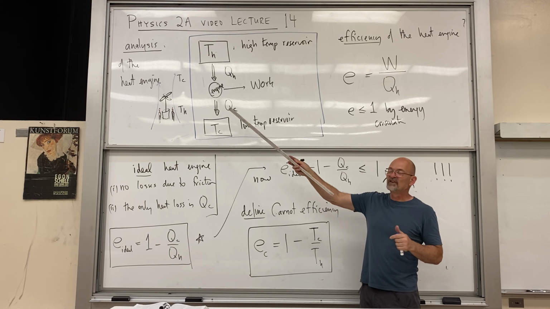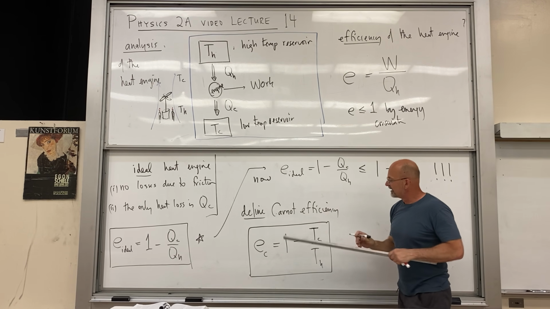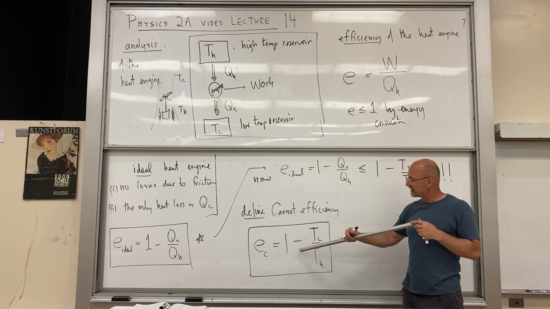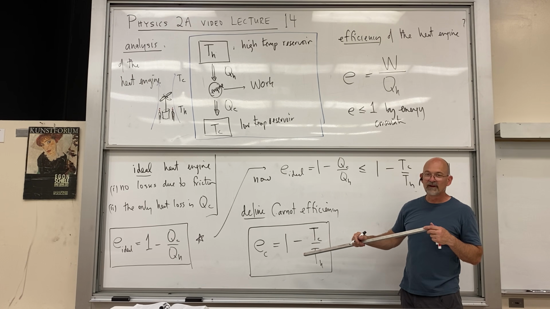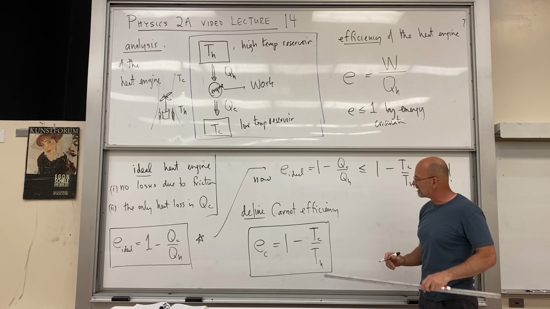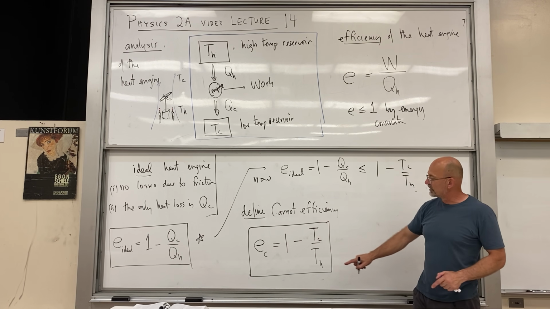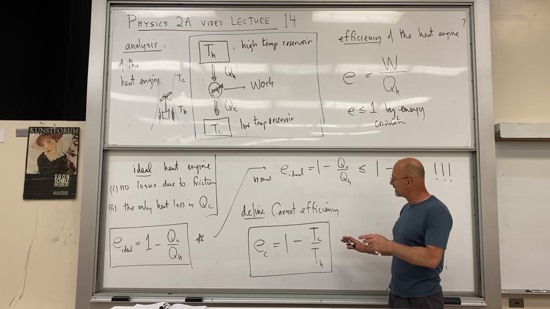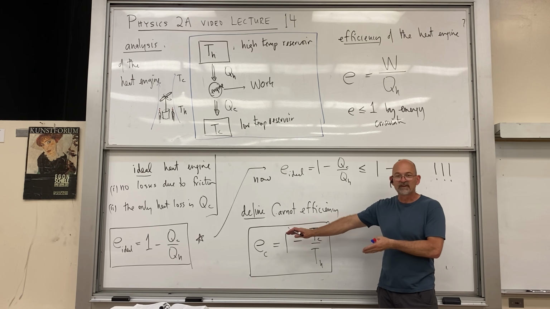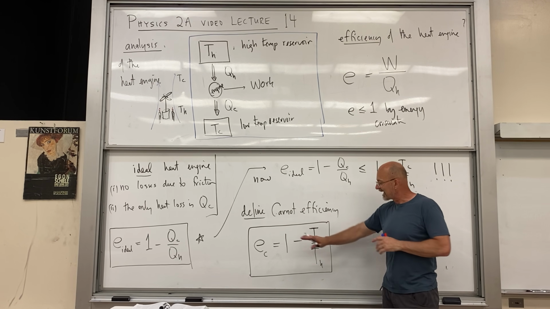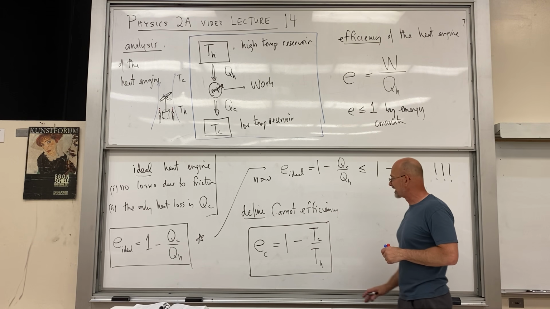Any heat engine at all is going to have to conform to this law. This is the best conceivable efficiency, and so an engineer is going to work and try to achieve this efficiency, knowing that it cannot be exceeded, cannot be surpassed.